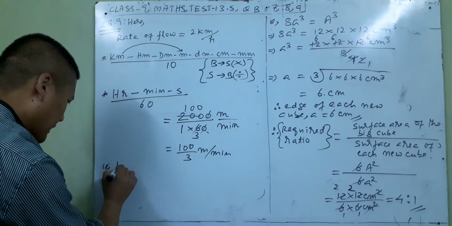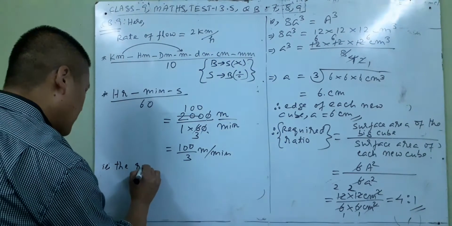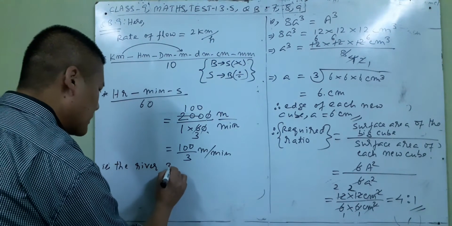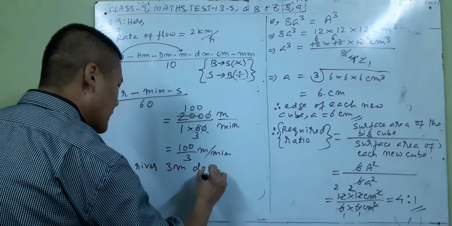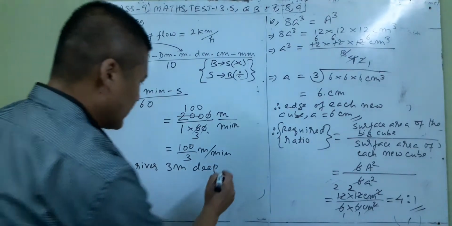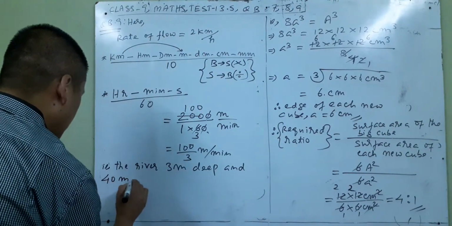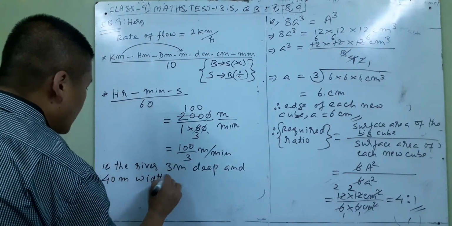That means the river. The first part of the question, 3 meter deep. So the depth is there. 3 meter deep and 40 meter wide. And 40 meter wide. So the width is also there.